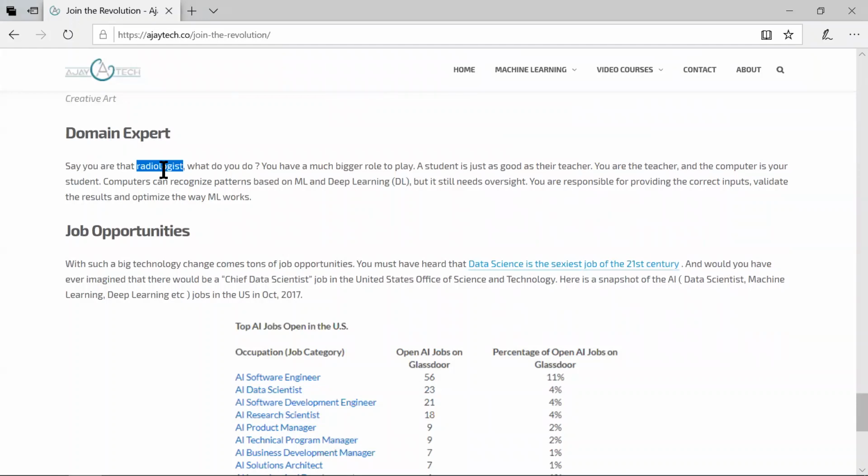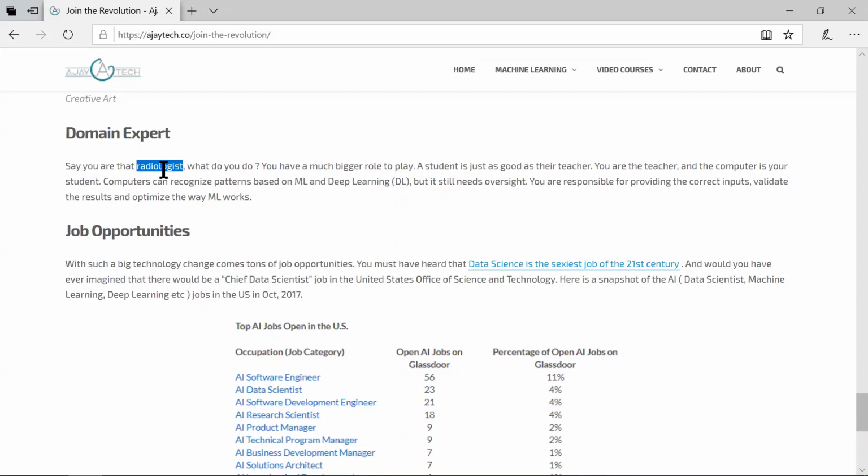There are many different diagnostic things like that. And a radiologist is the one who is an expert in identifying where is your liver, where is your kidneys, where is your pancreas, where is your stomach, where is all these things. But what role does he have? Does he have a role? Yes, he has a role. He is a domain expert.